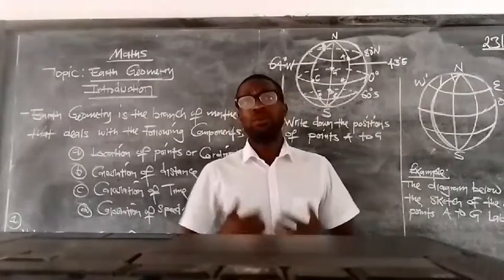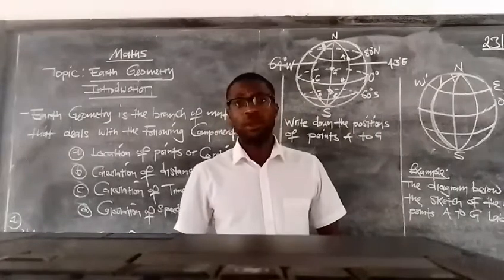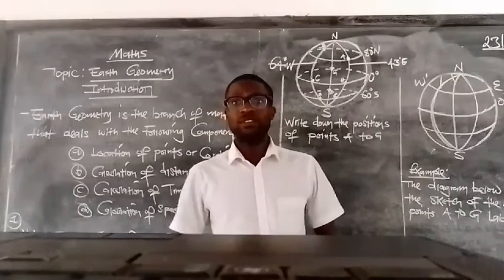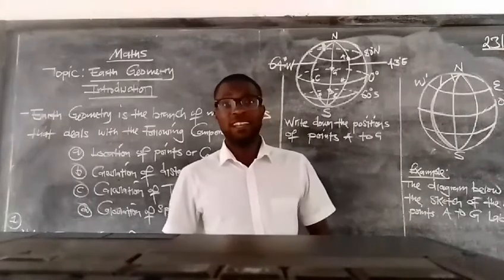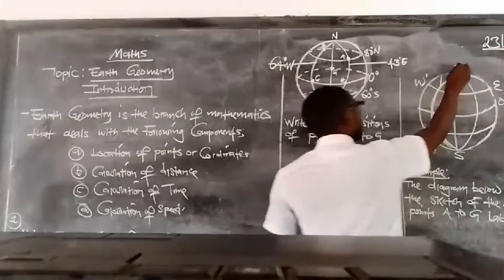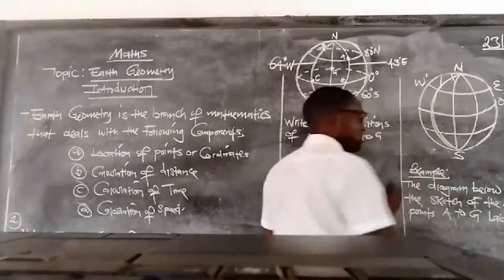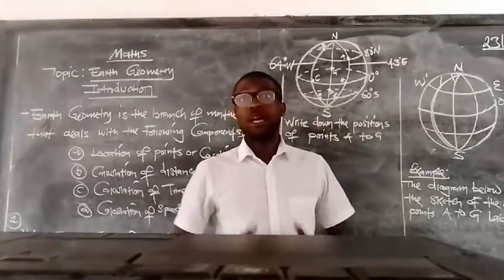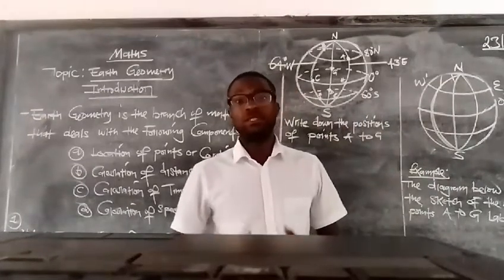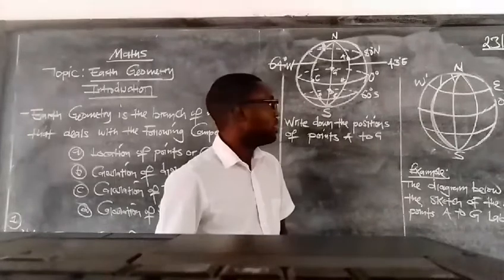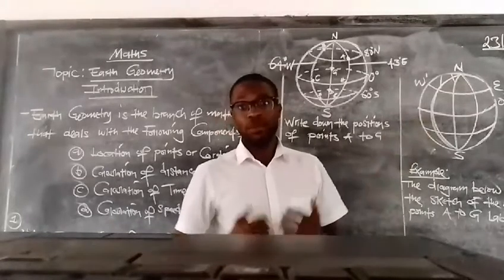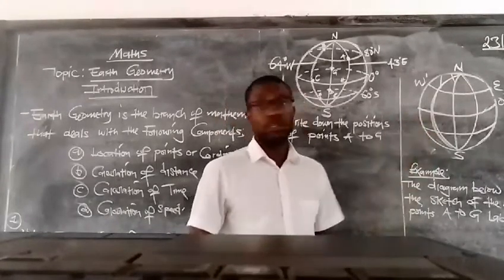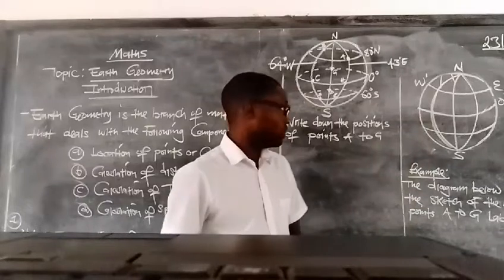Apart from that, we also have the lines of longitude. What are lines of longitude? Lines of longitude are imaginary lines that are drawn from the North Pole coming to the South Pole. Those are what we call the longitude lines. They are imaginary lines, like we said when we were talking about the lines of latitude.